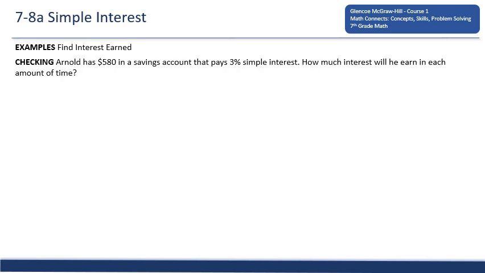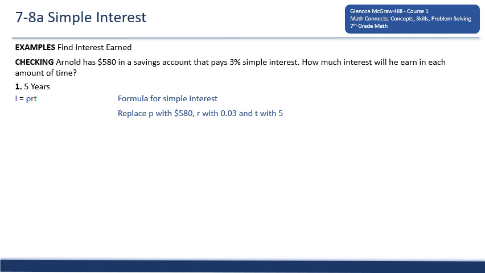Find interest earned. Arnold has $580 in a savings account that pays 3% simple interest. How much interest will he earn in each amount of time? So 5 years. The formula for simple interest is I equals PRT, which is interest equals principal times rate times time.